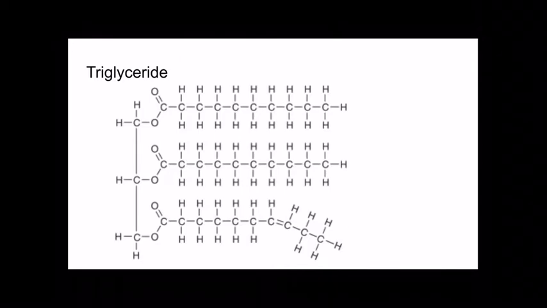Here the top 2 fatty acids are saturated, and the bottom one is monounsaturated. That's fine for a triglyceride. Sometimes all 3 are the same, sometimes there are 2 different ones, sometimes 3 different fatty acids make up a triglyceride. It totally depends on where it came from and what molecule made it for what reason.